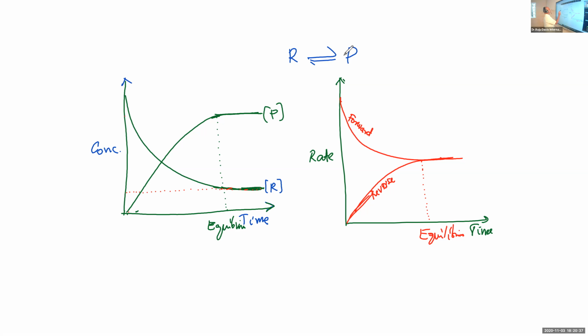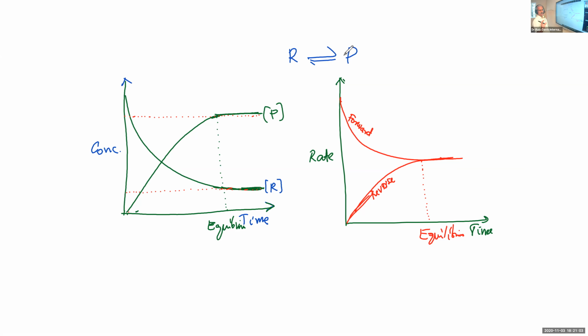Similarly, the concentration of the product also remains the same at equilibrium. There is no change in the concentrations of the products and reactants. So remember that it does not mean that the concentration of the reactant is equal to the concentration of the product. That is not the meaning.